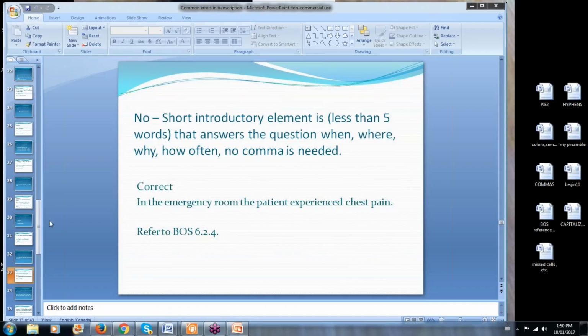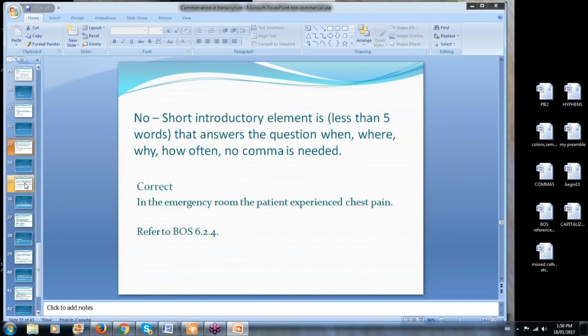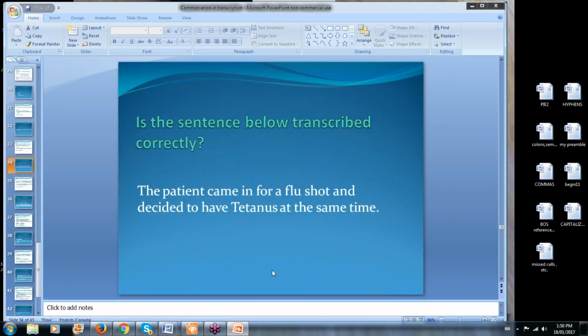All right. Okay, let's see here. Is the sentence below transcribed correctly? The patient came in for a flu shot and decided to have tetanus at the same time.